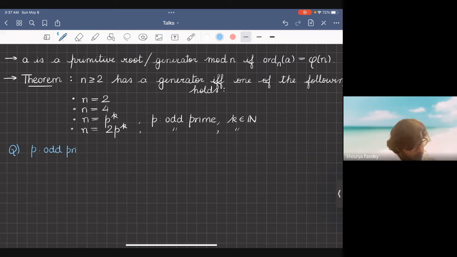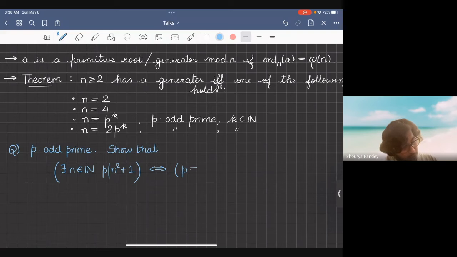Show that there exists a natural n such that p divides n squared plus 1 if and only if p is congruent to 1 mod 4.